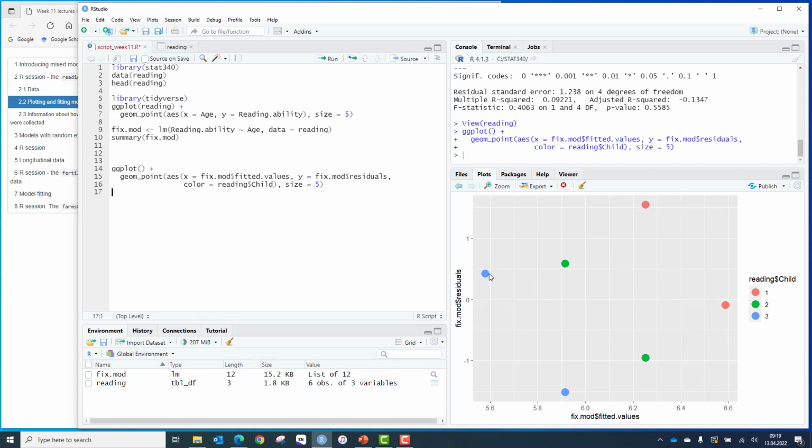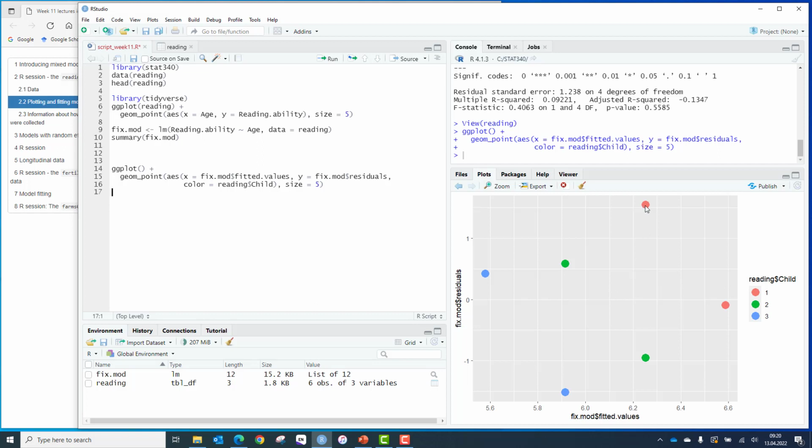The problem is, of course, when we color by child, we see there is a clear structure in these residuals because the blue ones are down here, the green ones in the middle, and the red ones are over here. And if this was truly independent data, then blue, red, and green should be sort of mixed in all ways, both in this direction and in this direction. There should be no structure, right?